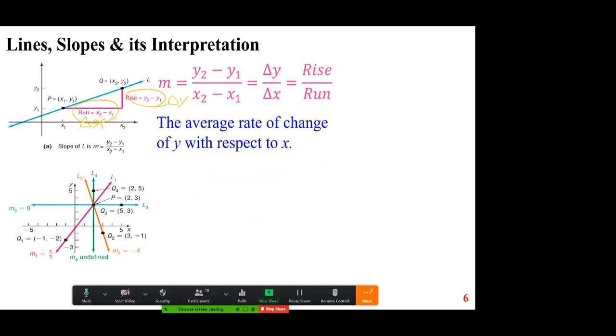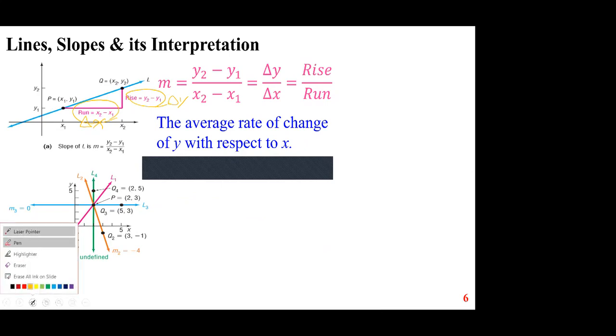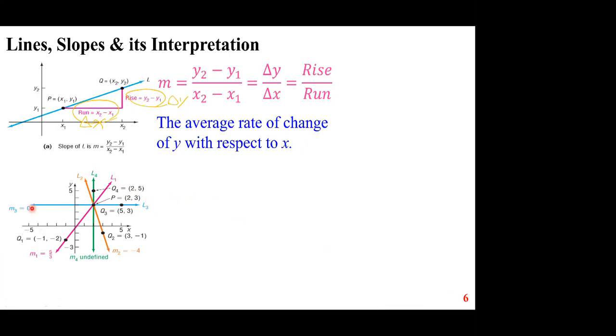Let's look at a bunch of lines, see how they look like. Okay, so here's a horizontal line. A horizontal line has an equation y equals a constant with a slope which is 0, and then there's an intercept of 0 comma b. For example, this one is 0 comma 3.